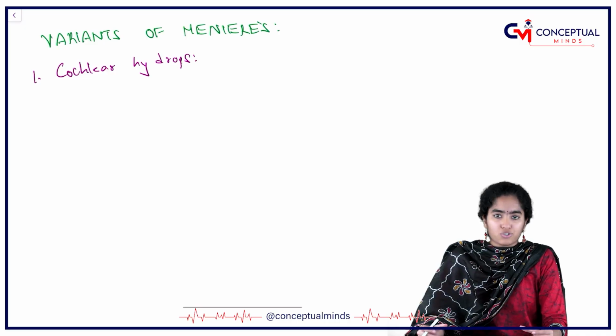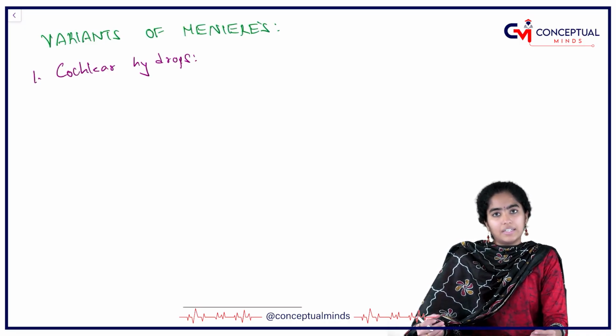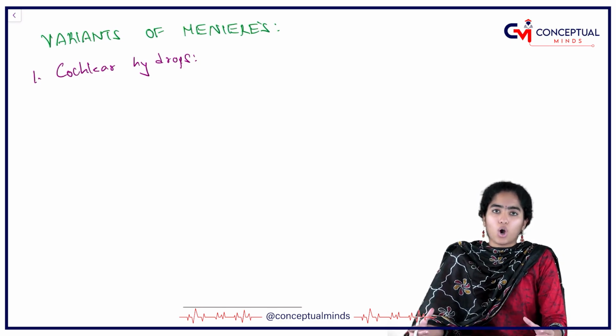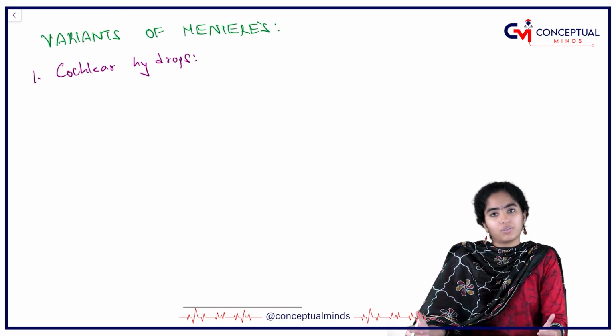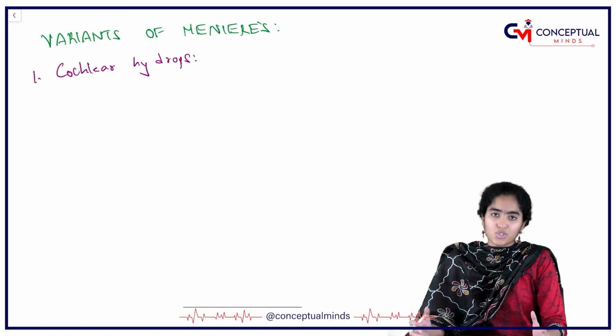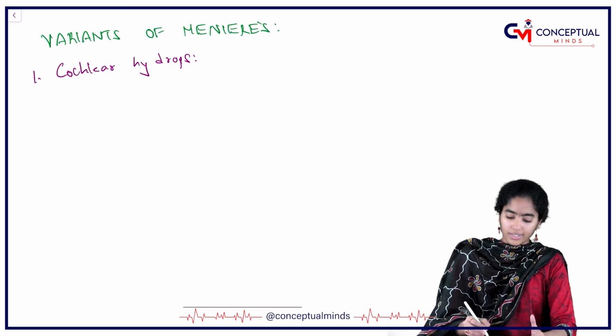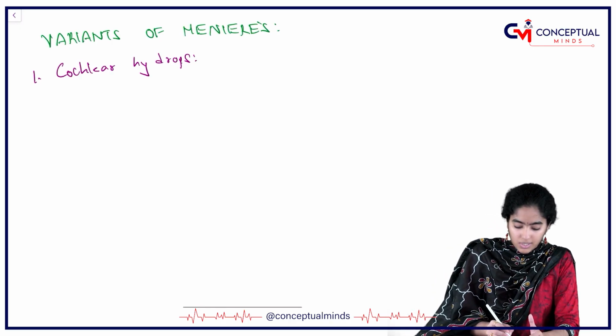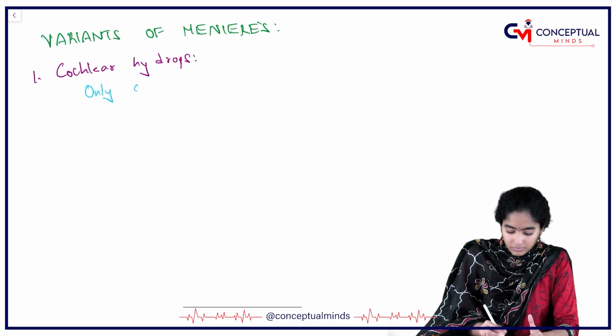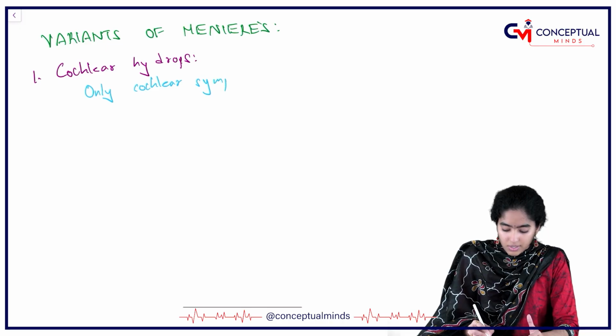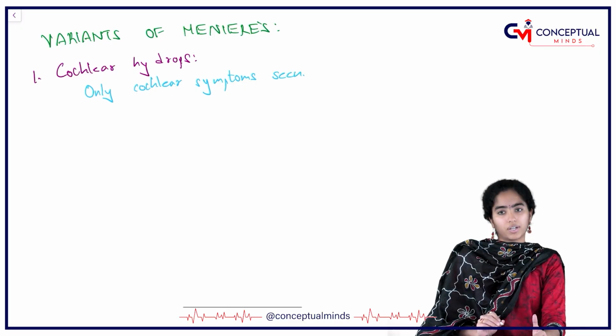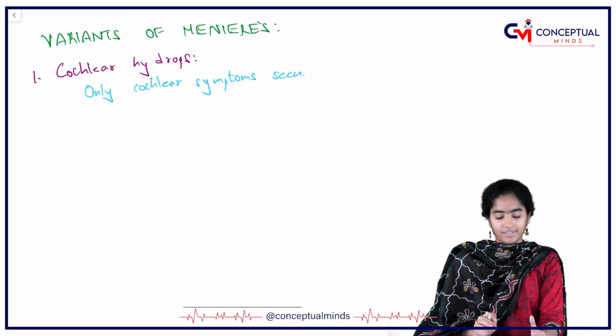There is blockage of the ductus reuniens. So this leads to high pressure only in the cochlear duct part of the endolymphatic system. The rest of the system is fine. So only cochlear symptoms are seen. Vertigo also develops years later.